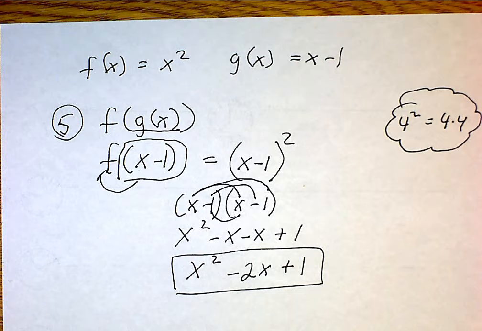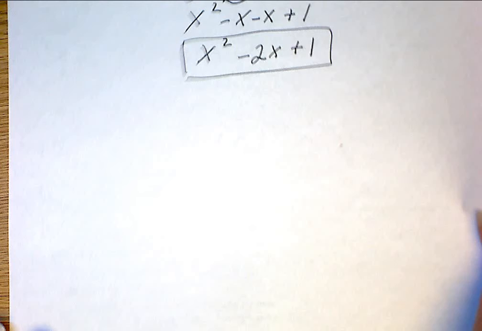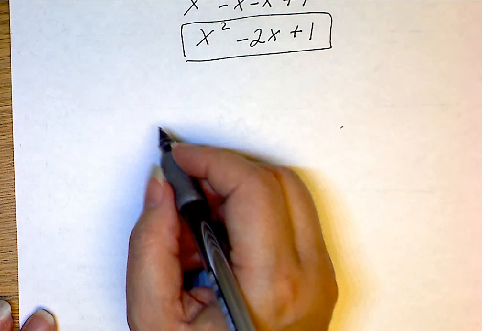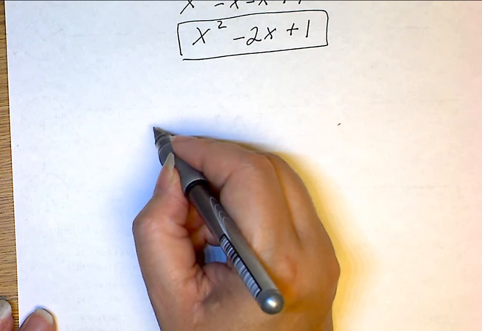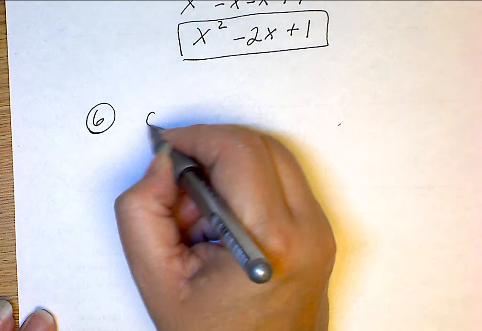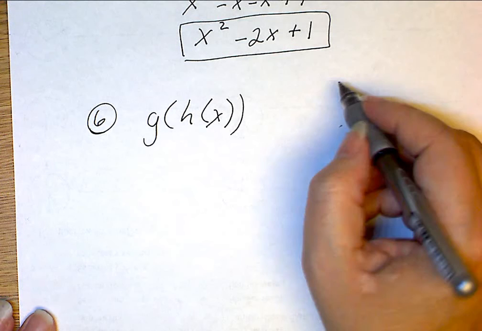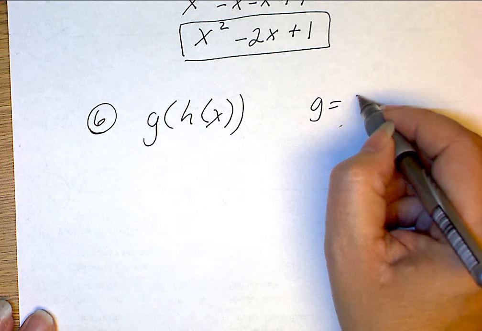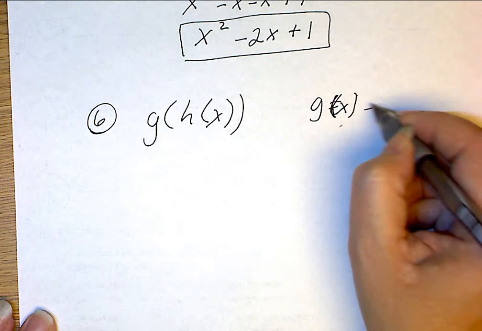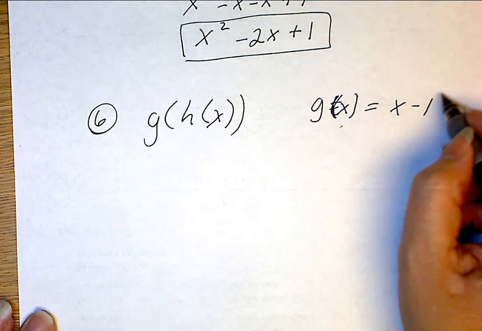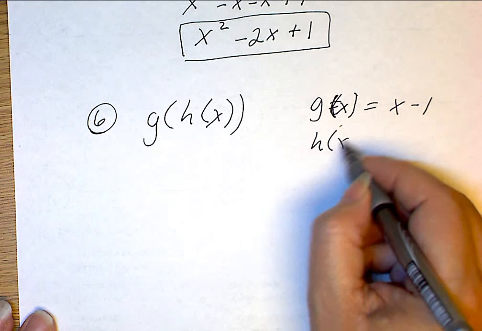All right, anybody not have this? All right, let's do one more. Number 6 says g of h of x. Remember, g of x is x minus 1, and h of x is 4x.